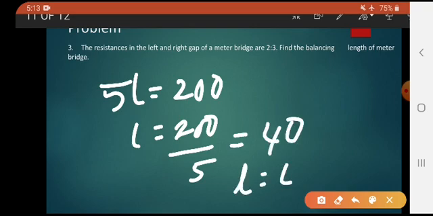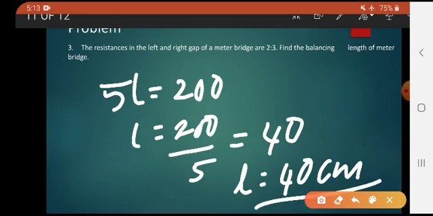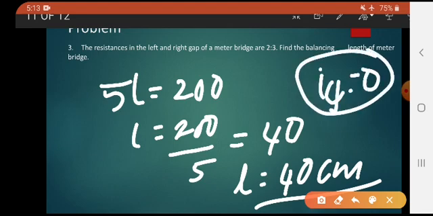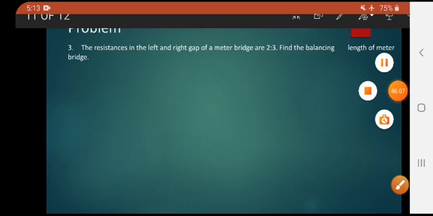So L equals 40 centimeter. So from the left you will get the balancing point. The Ig value 0 is at the 40 centimeter, right? So this type of problems will come in the examinations, right?